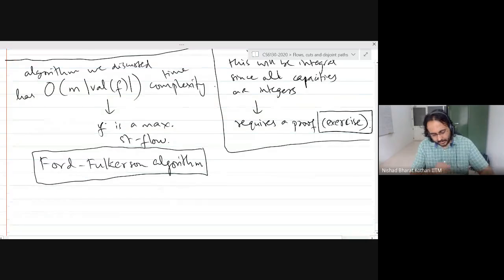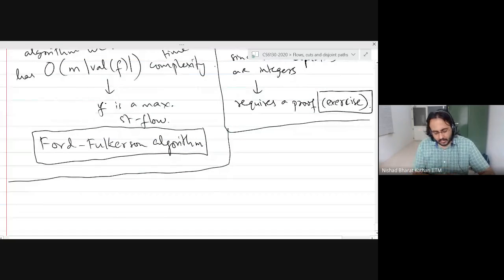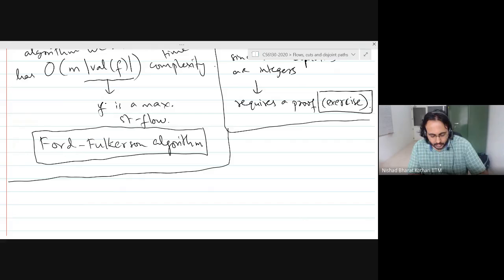From what I understand by talking to Meghna, in that course, she did not cover how to get rid of this value. Remember, this can be very big. You could have a maximum flow of value 1000. And so in some sense, this complexity does not depend on just the number of vertices and the edges. It actually depends on the value of the maximum flow, right? And that could be a very big number.